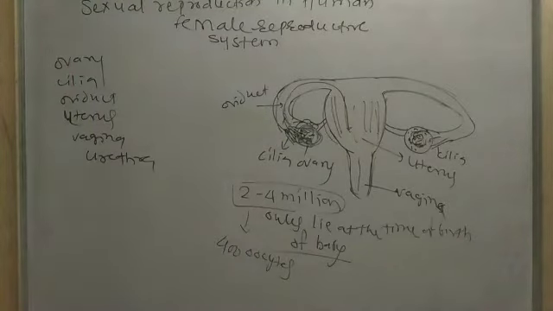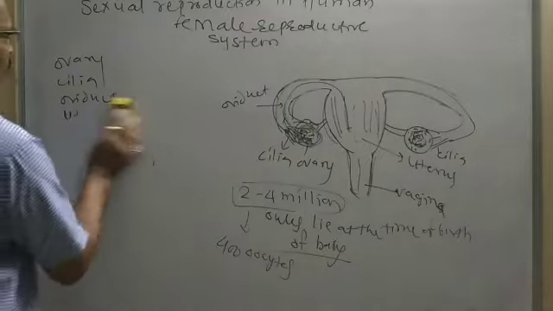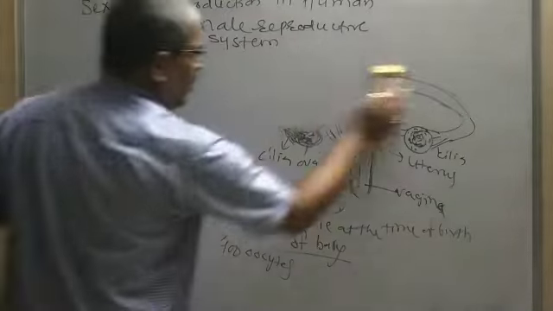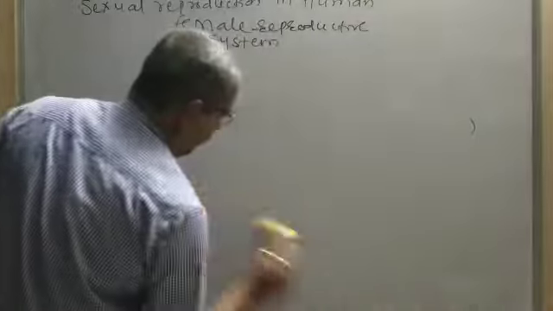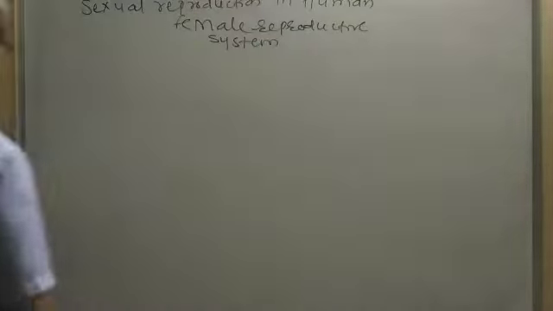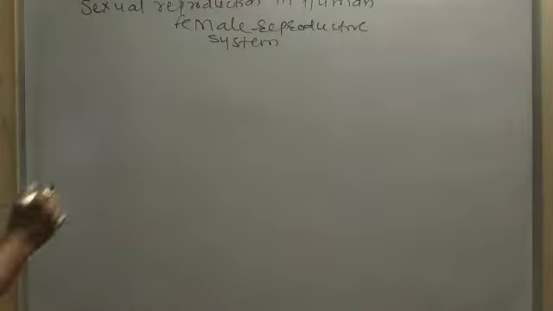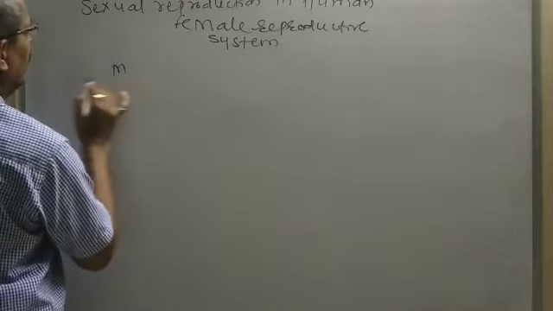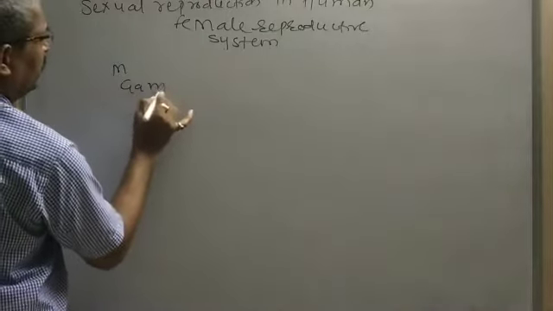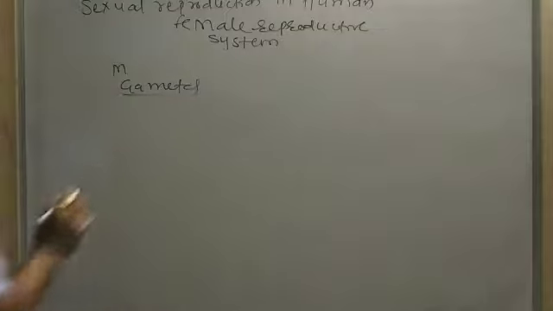Now here we will study how fertilization takes place, and how gametes are formed. Male gametes and female gametes, the formation of gametes, how gametes are formed, that we are going to study.